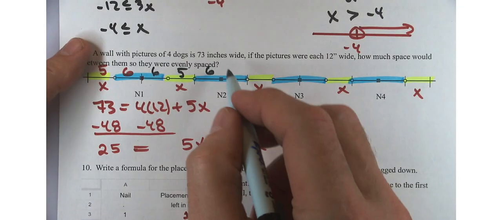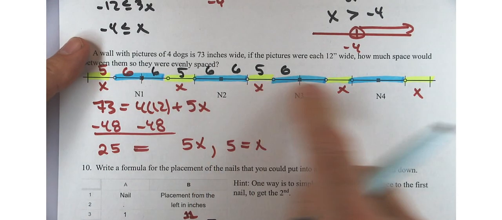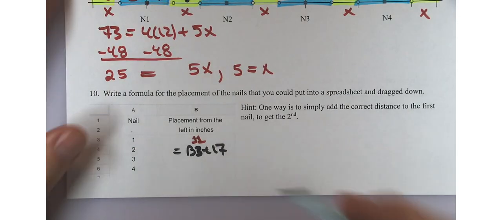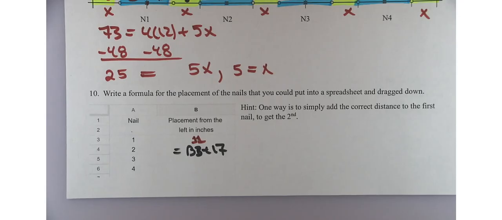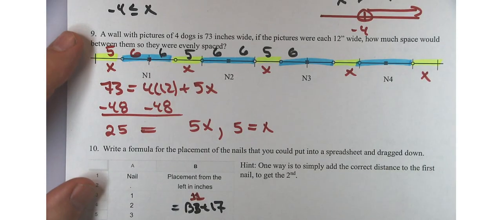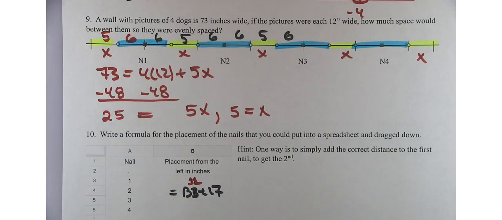You're going to be adding 6 and 5 and 6. That's another 17. And then another 17 after that. So once you have this formula, great. You can just keep on adding 17 to get the locations of the rest of those nails. So, nice.